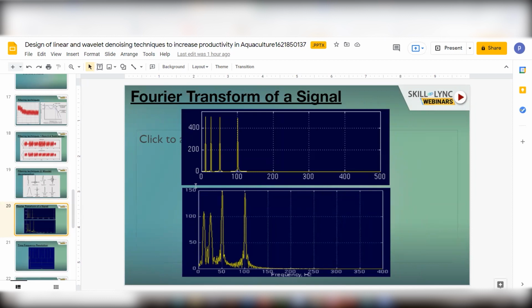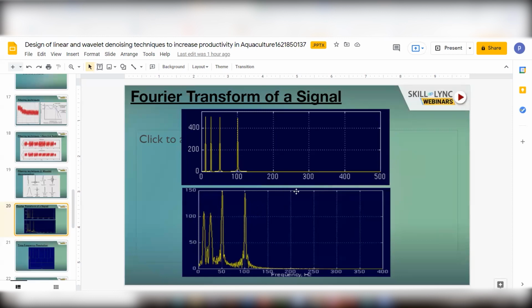If you observe, there are four discrete points here in the frequency spectrum, and the same four discrete points are present here as well. But these two are entirely different signals.